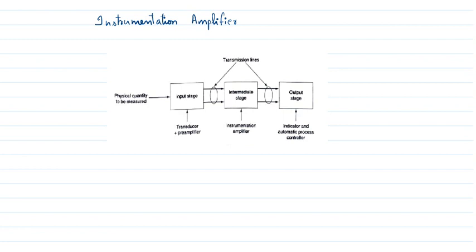That will pass into the intermediate stage, that is, the instrumentation amplifier system, where it will be converted into some voltage or current that we can measure in the output stage, or see using some indicator, voltmeter or ammeter. So this is the general block diagram of an instrumentation system.